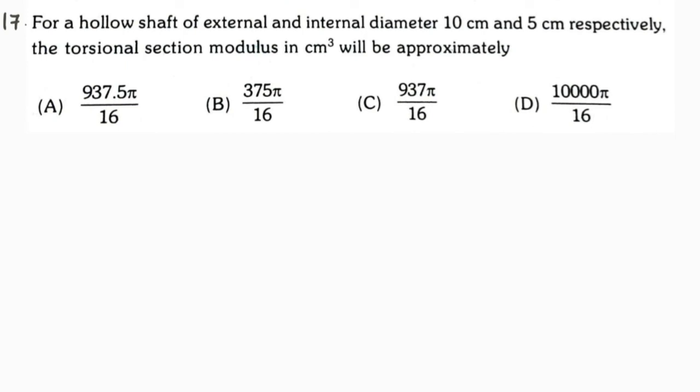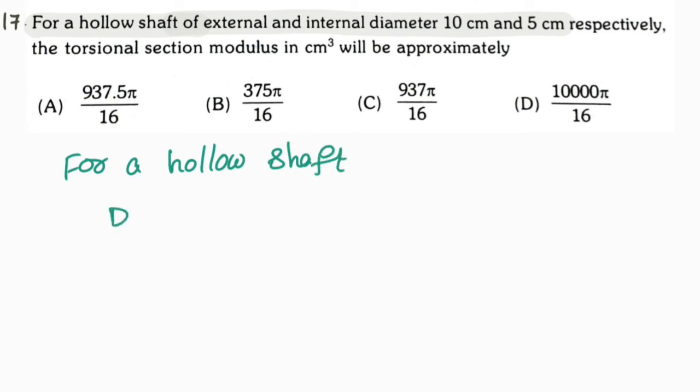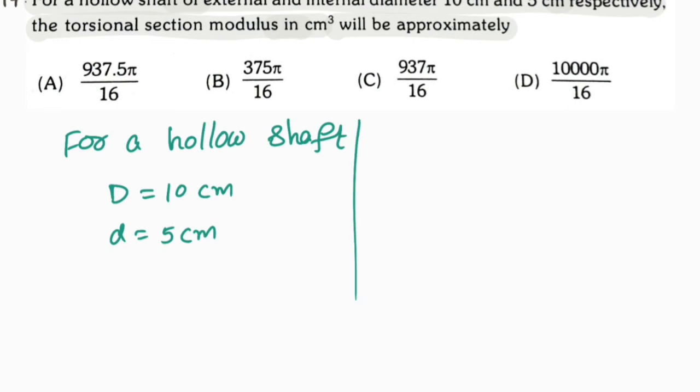Look at the 17th problem. For a hollow shaft of external and internal diameters 10 centimeters and 5 centimeters respectively, external diameter capital D equal to 10 centimeters given, internal diameter small d equal to 5 centimeters, the torsional section modulus in centimeter cube will be approximately, he is asking the torsional section modulus.